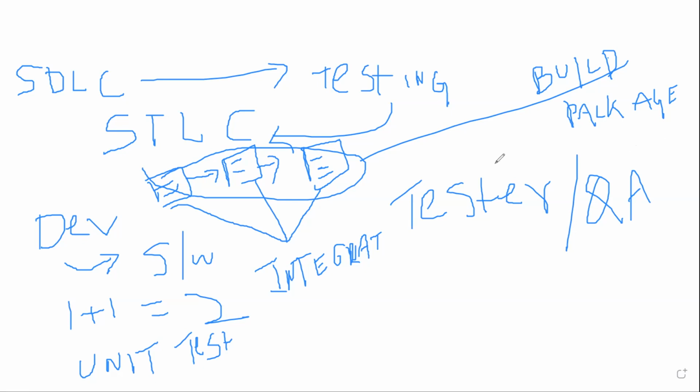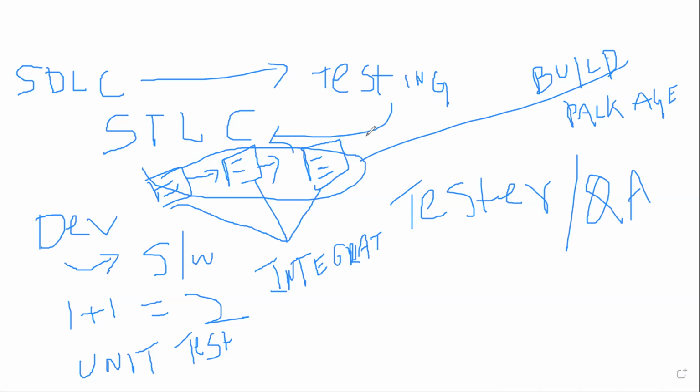Why an executable format? Because we don't see the code. As a tester, we don't bother about the internal code or logic. We just install the build in our environment, the QA environment. The developer has their own environment, QA has a QA environment, and the customer has a production environment, like this.